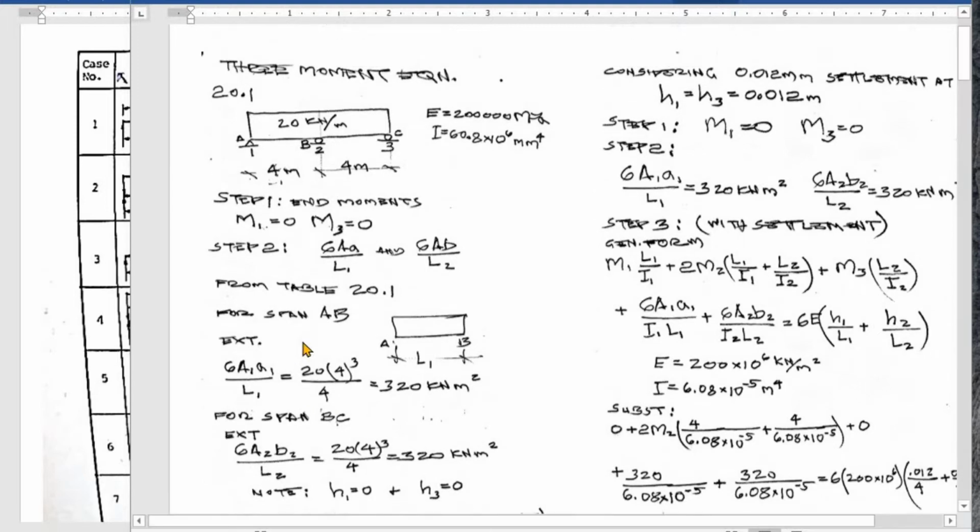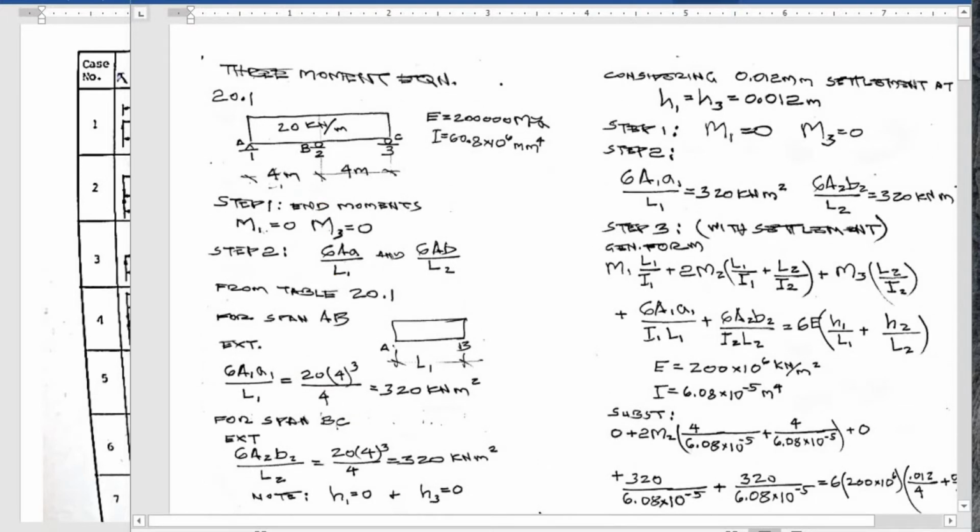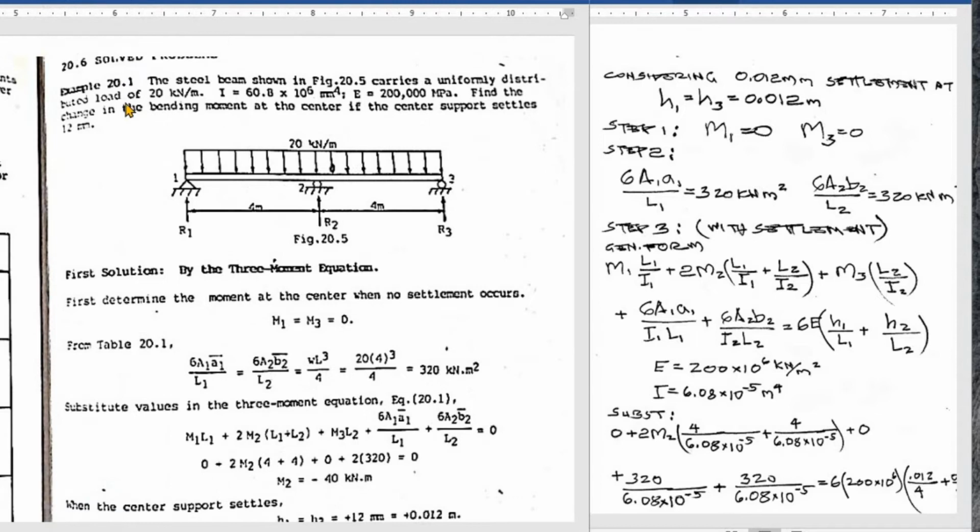Now, let's look at problem 20.1. Ang requirement ni 20.1 is find the change in bending moment at the center if the center support settles 12 mm. So, dalawang approach ang gagawin natin dito. The first is walang settlement.